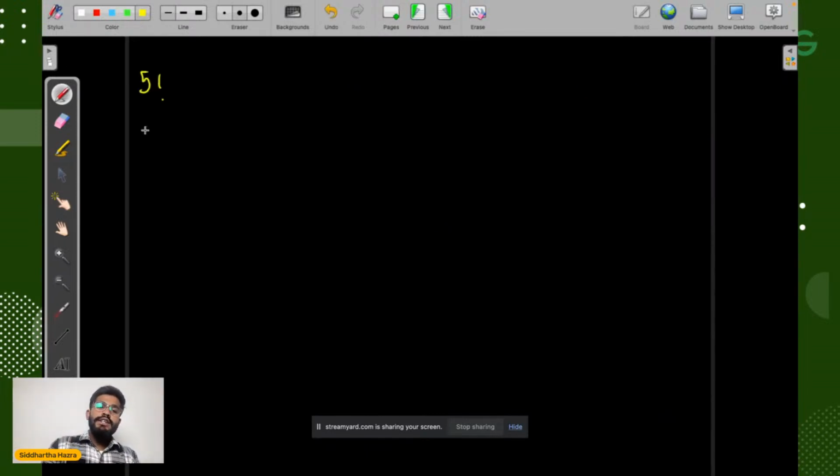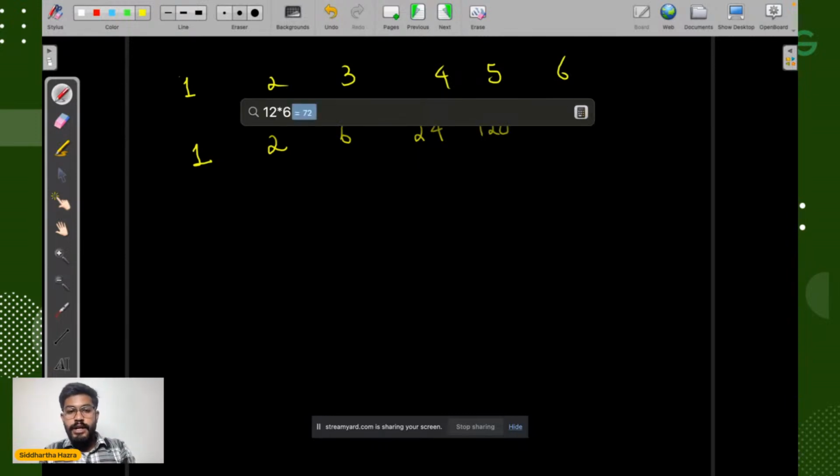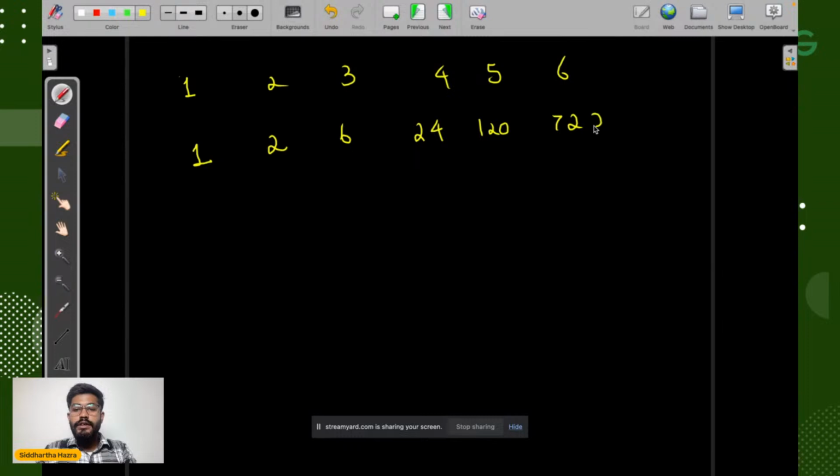So finding out the factorial: 5 factorial, 6 factorial can be found out by pre-processing. How? We can say 1, 2, 3, 4, 5, 6. The value of 1 is 1. The next would be the previous value multiplied by the current value. 1 multiplied by 2 is 2. 2 multiplied by 3 is 6. 6 multiplied by 4 is 24. 24 multiplied by 5 is 120. 120 multiplied by 6 is 720.